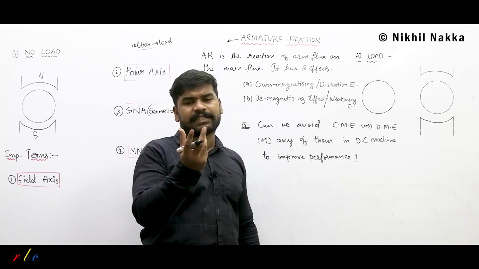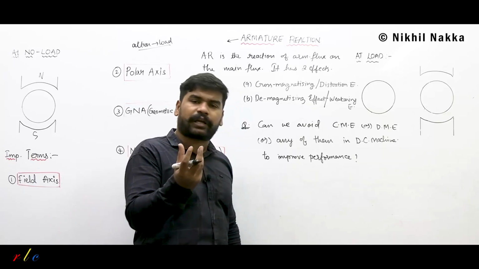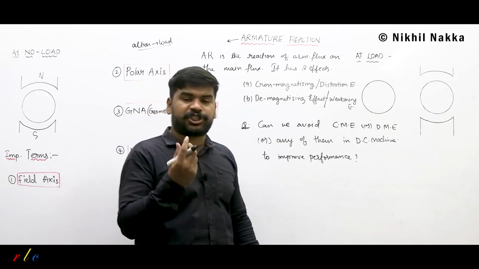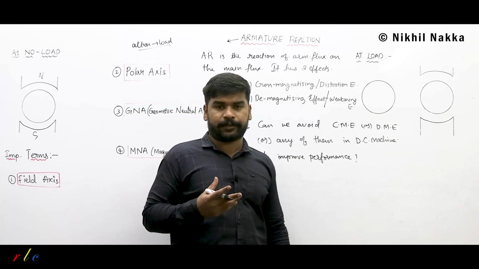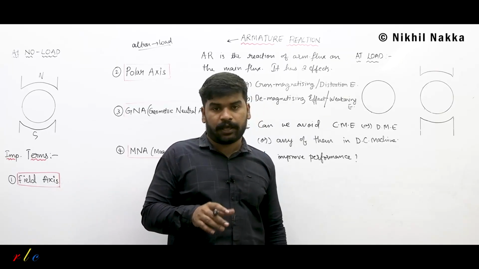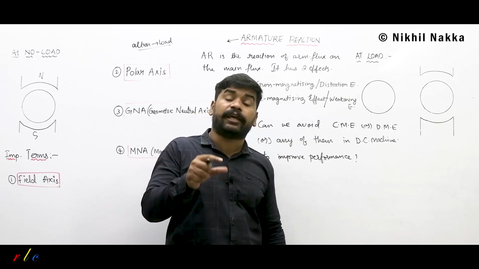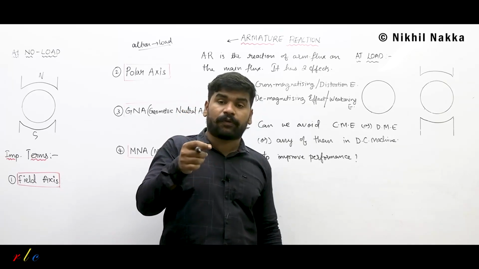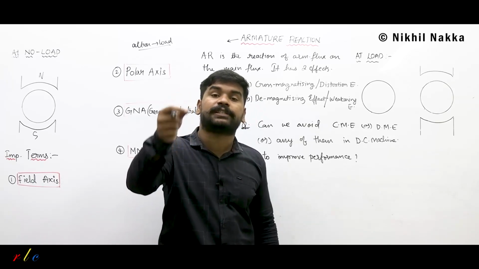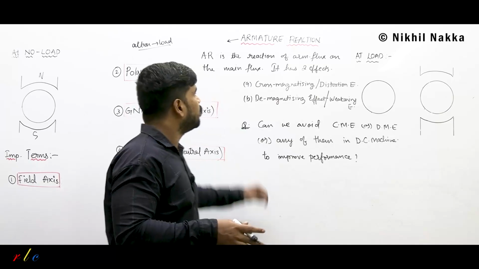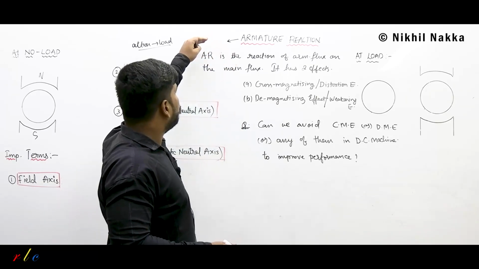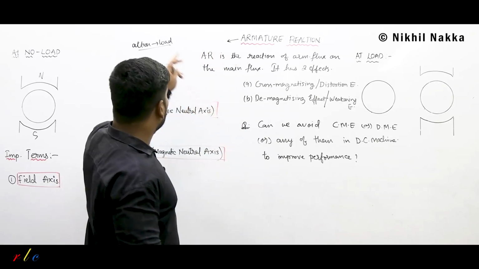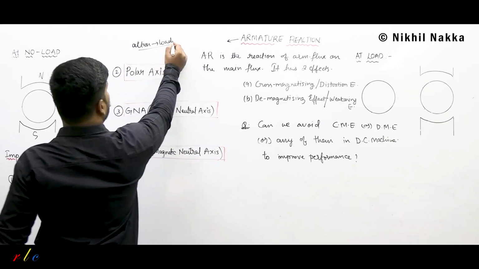Any winding which carries the main working current or the load current or the rated current of the machine is that armature winding only. Or another definition is that armature winding is such a winding in which the working EMF or the actual EMF of the machine is induced. Understood? That is armature winding. So in this armature winding, when you are loading, what is going to come in this armature winding?